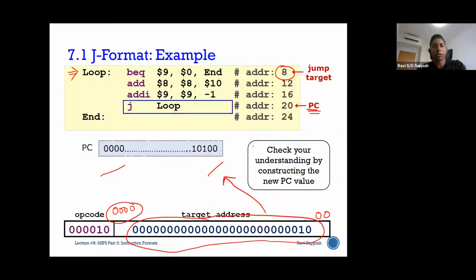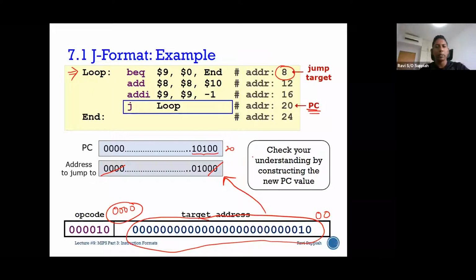Since this is my instruction address, my PC is currently pointing to this 20. So this value here is value 20. PC plus 4 again is not going to change anything, because plus 4 will only change the lower bits.